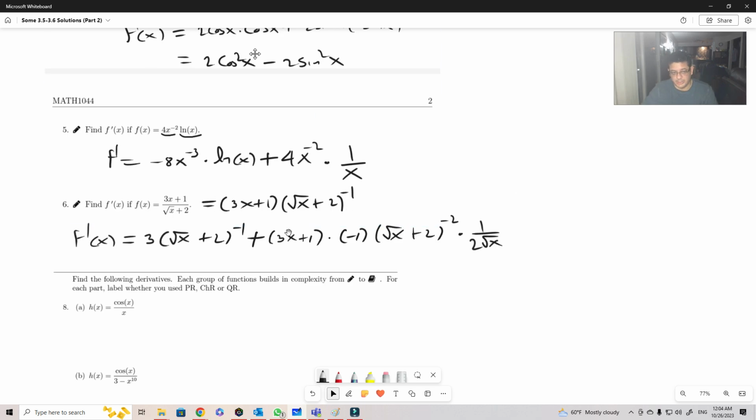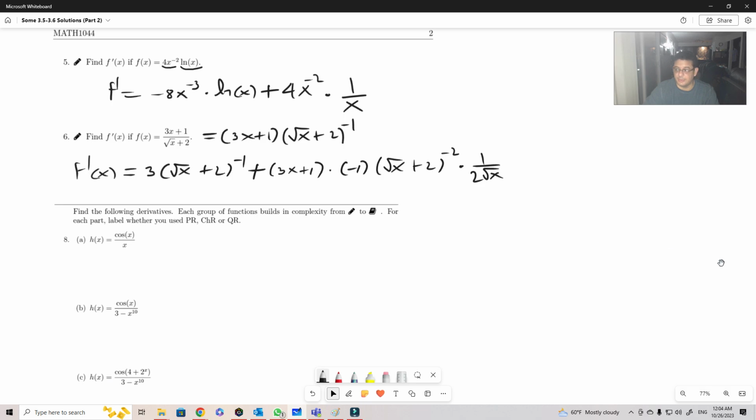Of course, you can try to simplify a little bit, and at that point you're probably going to get something similar to what you would get if you do it by quotient rule.